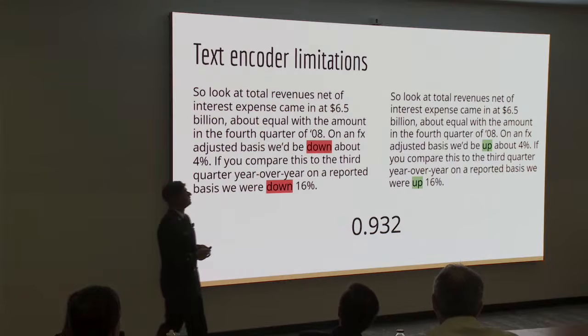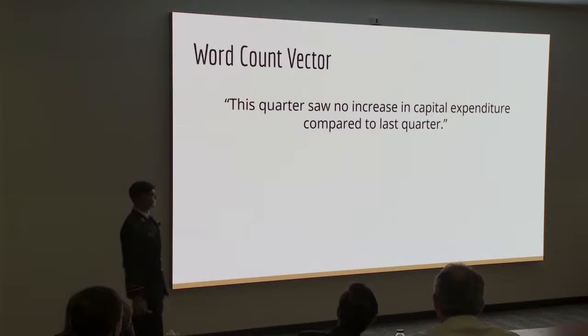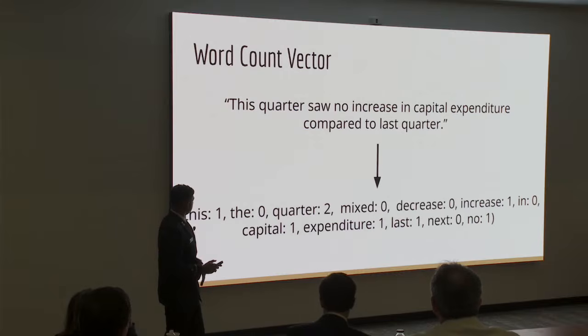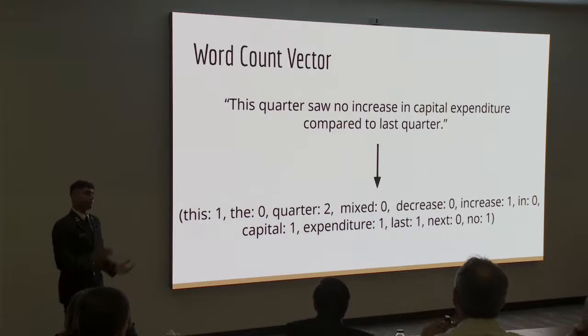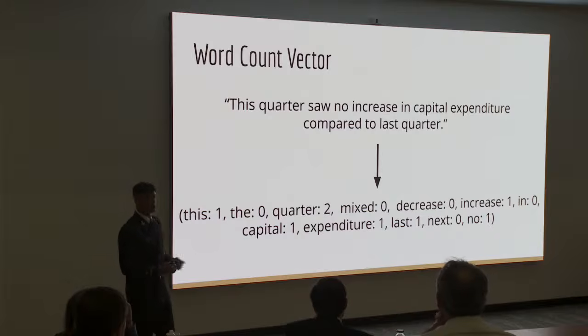And that's where we come to the word count vector. Let's take this sentence. The way this would be encoded in a word count vector is pretty simple. You have the word, and the count of it in that sentence. If it shows up once, it gets a 1, twice, 2, 3 times, 3. If it doesn't show up, it gets a 0.